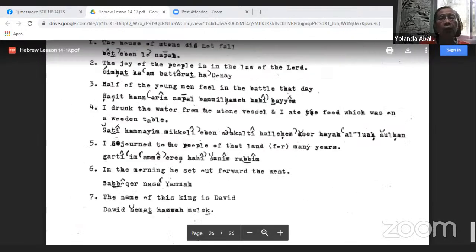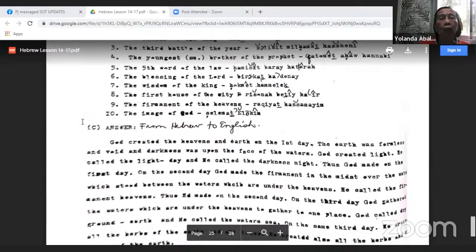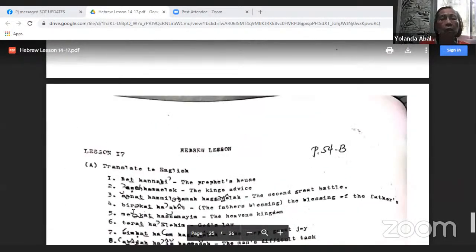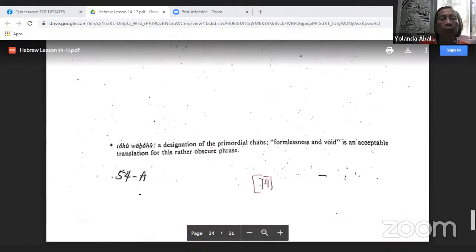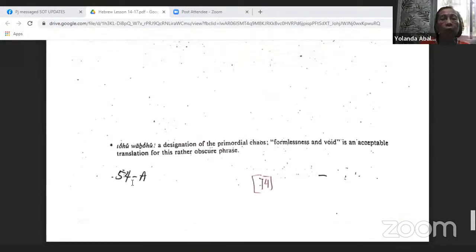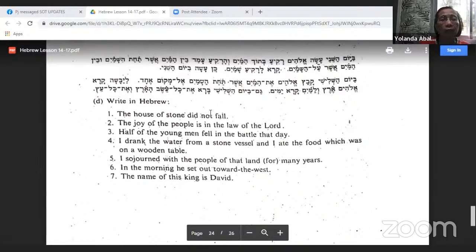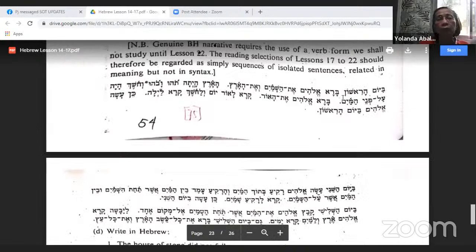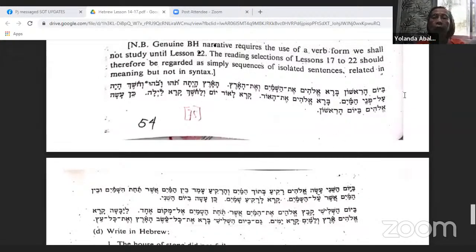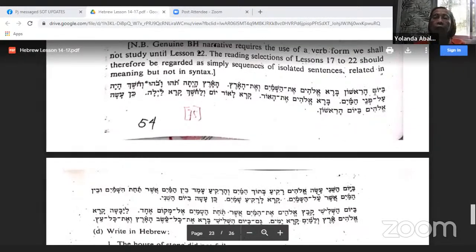So hanggang dyan ang ating lesson 17. Nakarating na po kayo doon sa reading. You do a lot of reading. Mabilis lang. Kaya ako, I'm reading for your sake. I'm not reading with the Hebrew tone.